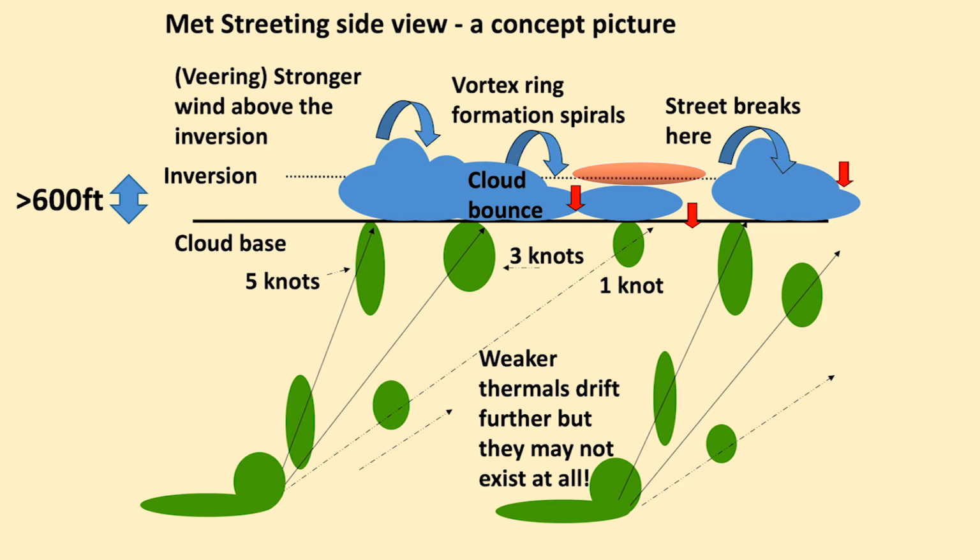And so we end up with a vortex ring formation of spirals, just as we saw in the video a little bit earlier. And we get like a cloud bounce. Of course, any other warm air going into the system is all held and retained there. You can get breaks in the street, of course, and you'll see that because there's a gap in the cloud.